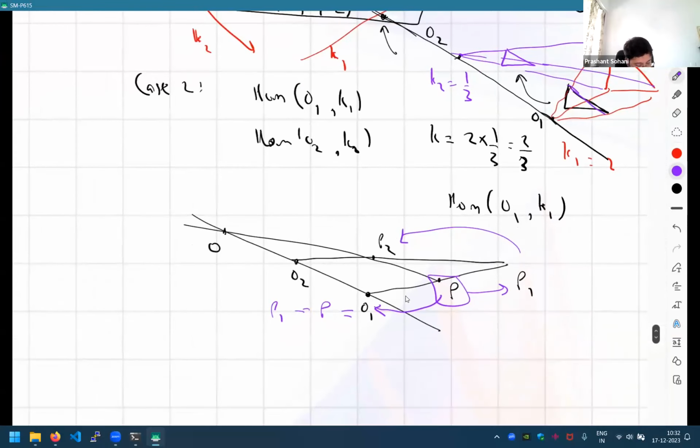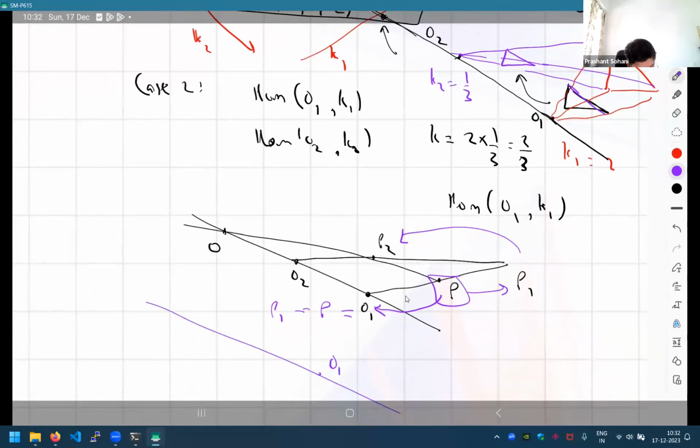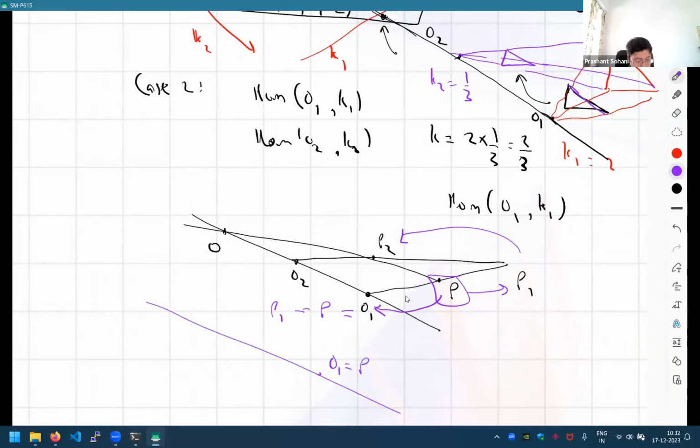So if O1 is my point P, I first apply the first homothety of ratio K1, and I get P1 at the same point. Now at the same point, I apply homothety around O2, so now that will change. Let us say it goes to a new position with ratio K2. Let P2 be over here. Here the equation is simply O2P2 upon O2O1 is the ratio K2.